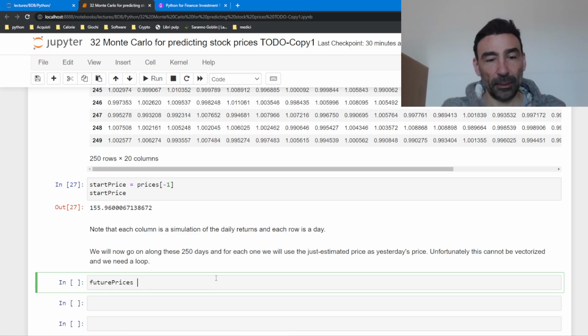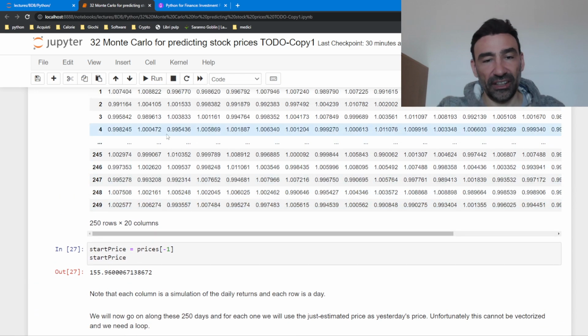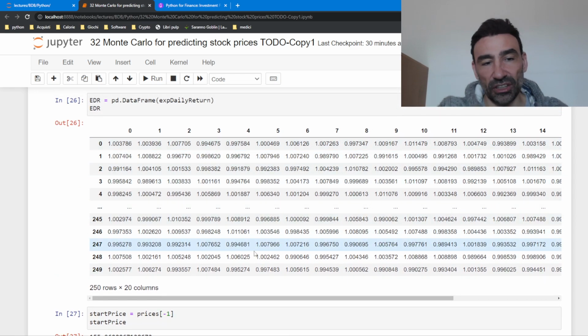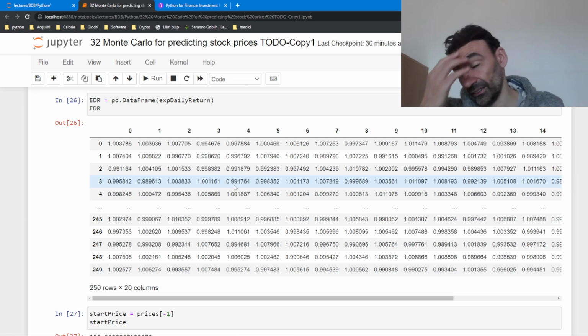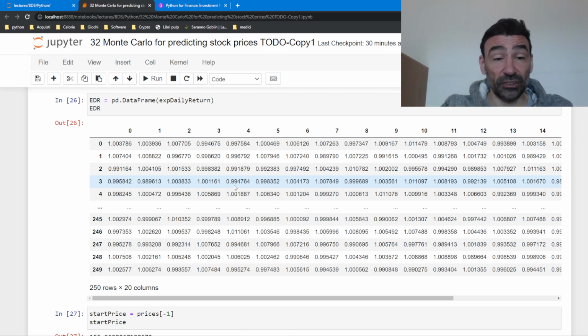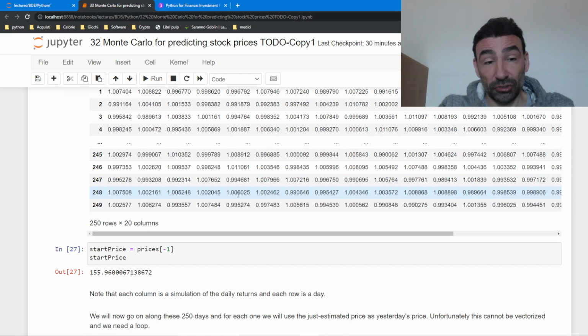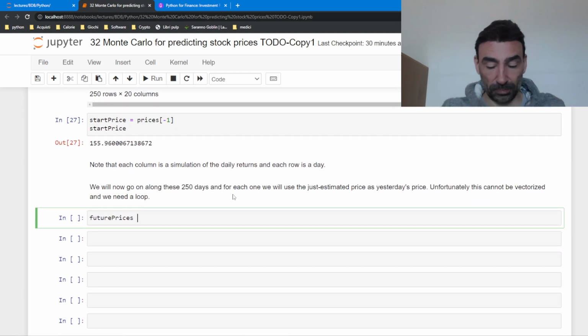We prepare a data frame like this one, but which instead of containing the exponential of the logret, will contain the future prices. So we prepare future prices equal a data frame, an empty data frame.